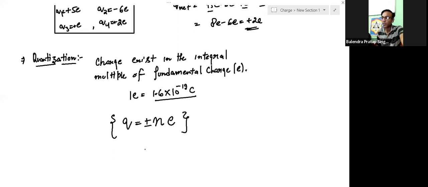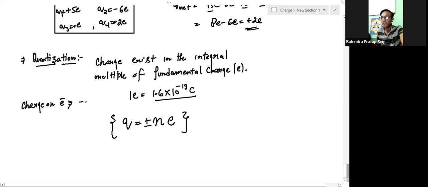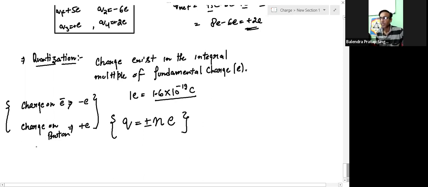As I told you, the charge on an electron is minus e. The charge on a proton is plus e. So these are two important charges. Another very famous charge is the charge on an alpha particle.